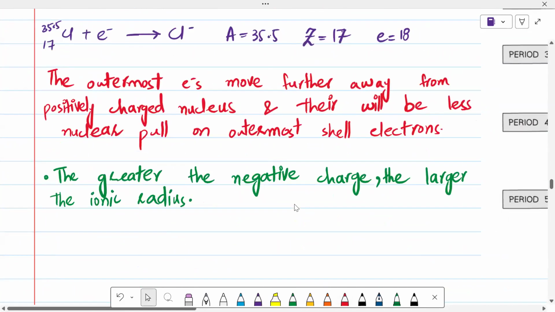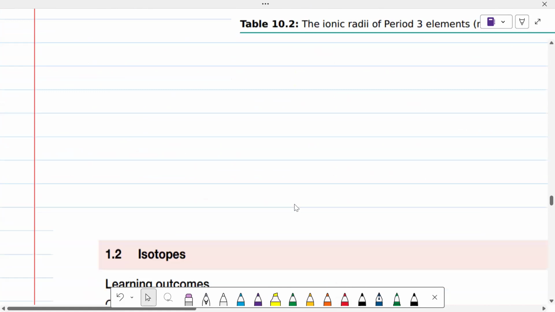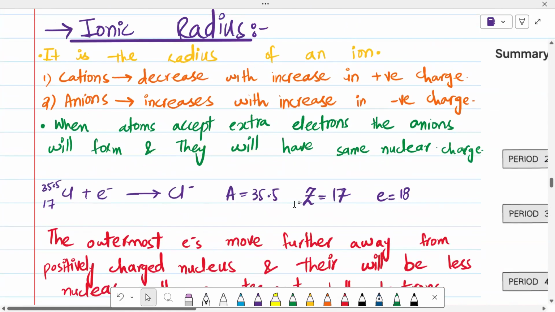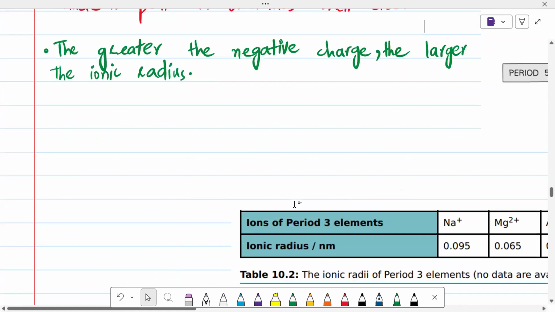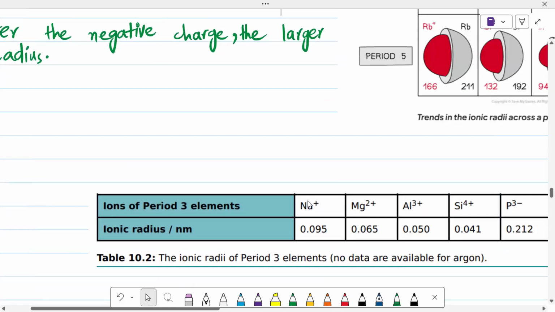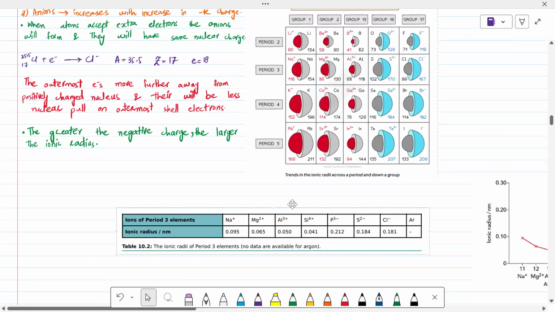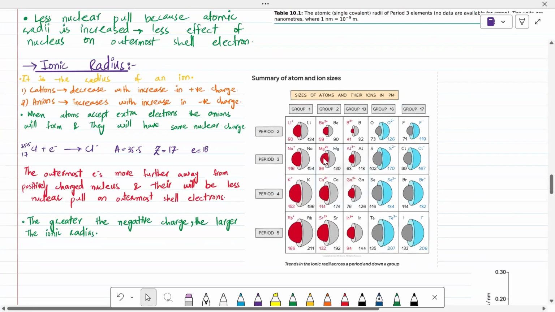Firstly, let's discuss the positive charges. Okay, you have this one.